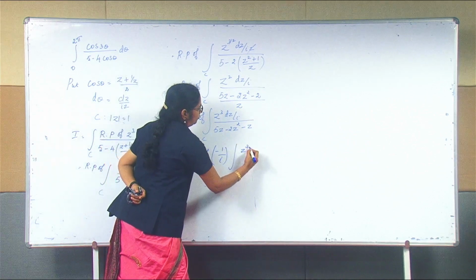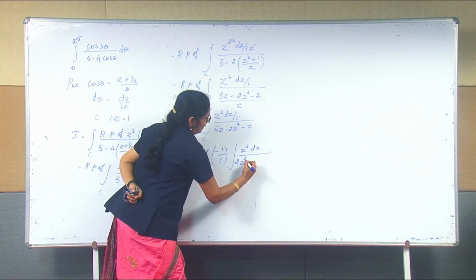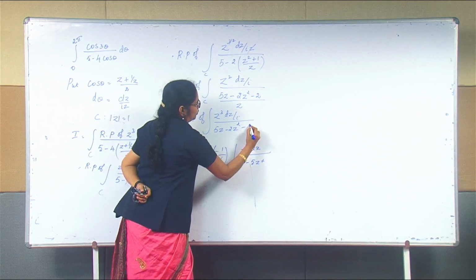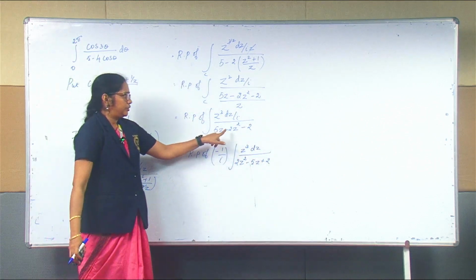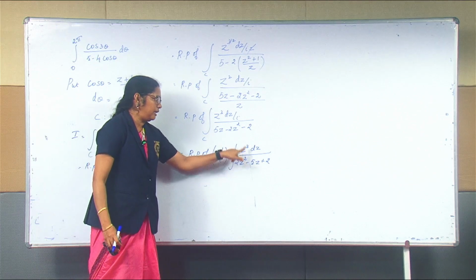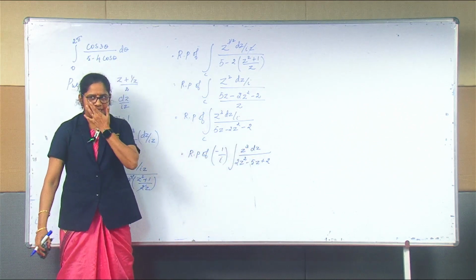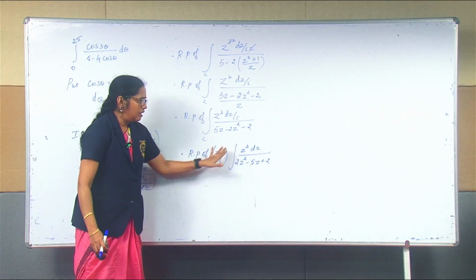So z cube dz divided by 2z square minus 5z plus 2. Here I am pulling minus outside, so this 5 becomes minus 5, this minus becomes plus, this minus becomes plus. I hope it's clear.